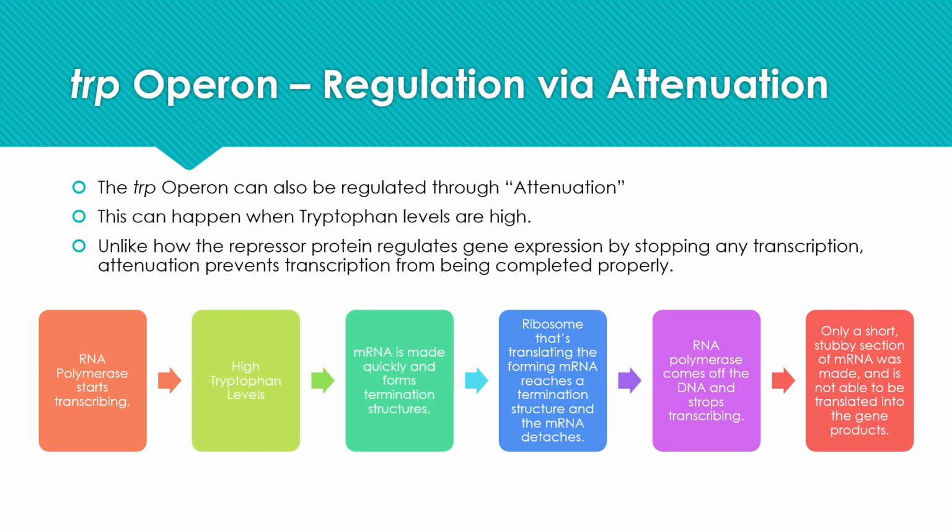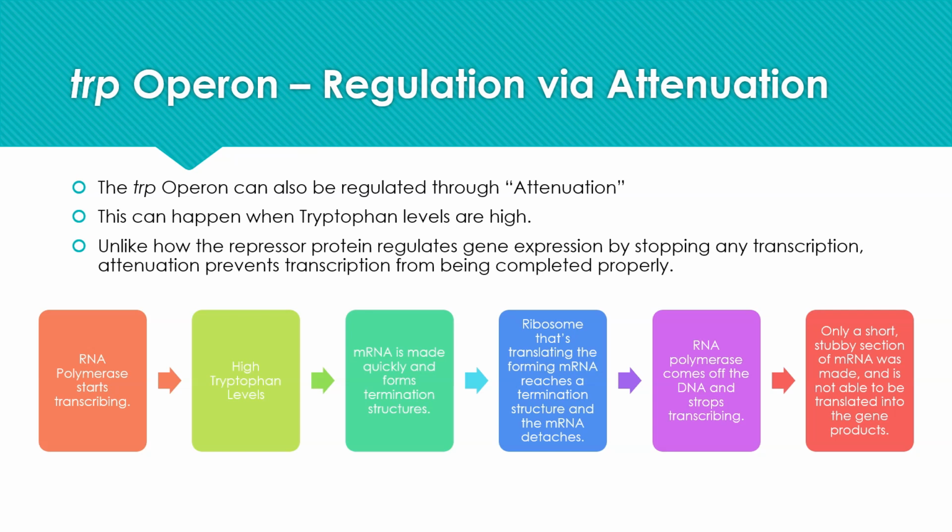There is another process where you can regulate the operon, and it's called attenuation. It's a bit of a tricky process, so we're going to work through it a little bit slowly. Basically, when tryptophan levels are high, there is another way that you can stop the protein products being produced.